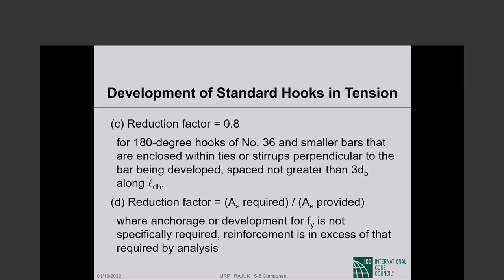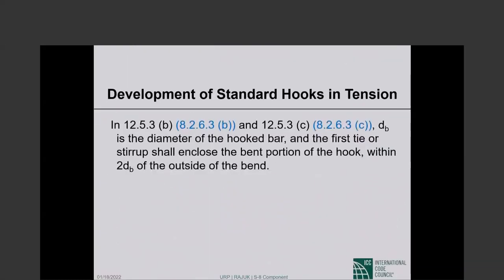So this again, like I said, when I talked about this reduction on the required development length in tension, l sub d, I said that when f sub y is specifically required to be developed, you do not get this reduction. Same thing with the hooked bars in tension. If the bars are specifically required by 318 to develop full f sub y, then there is no reduction for excess reinforcement.